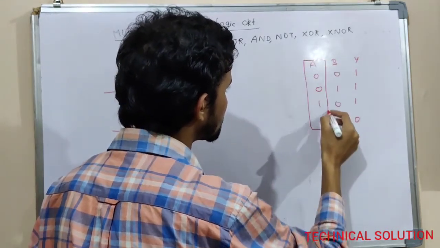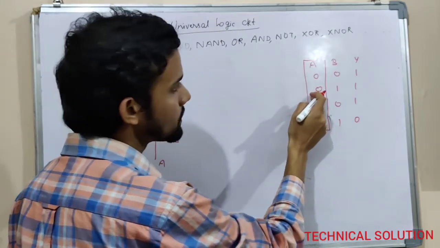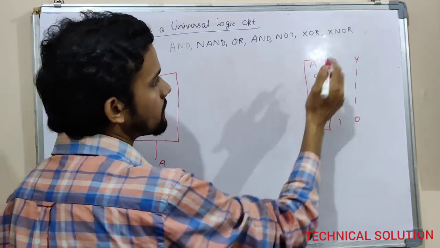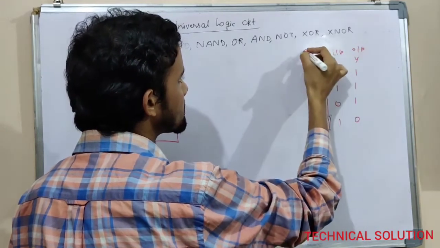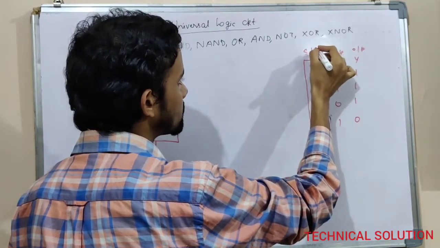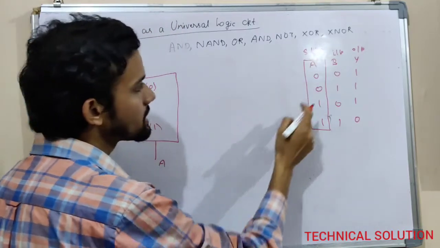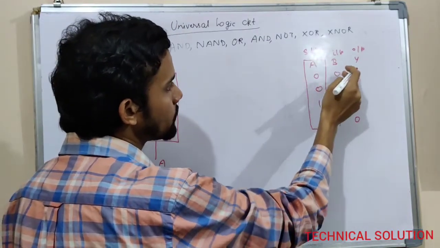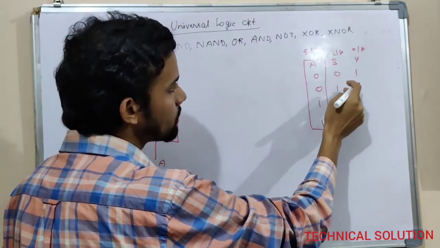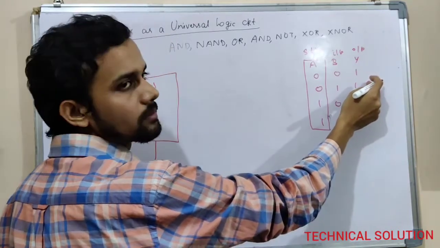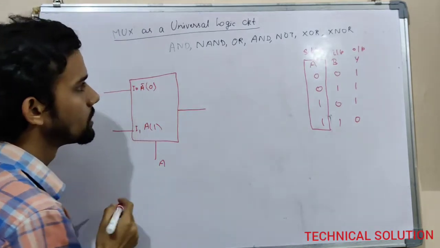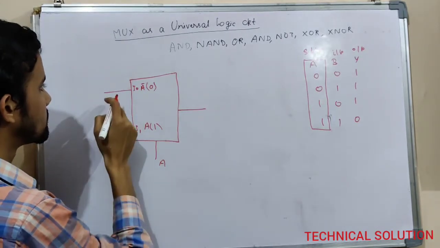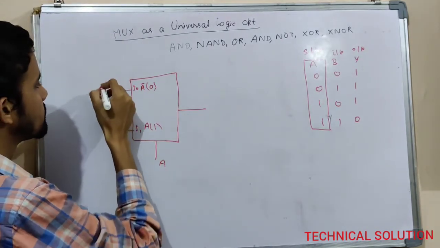If the selection line is 0, and let us suppose this is input and this is output, and this is the selection line. If the selection line is 0 and input is 0 or 1, then irrespective of input the output is 1. So we assign this input as 1.